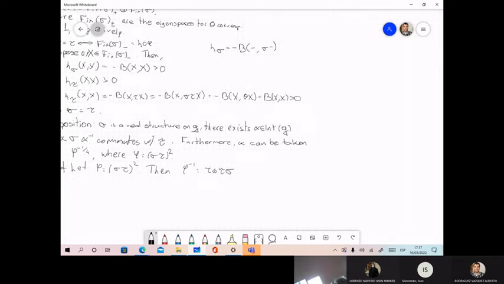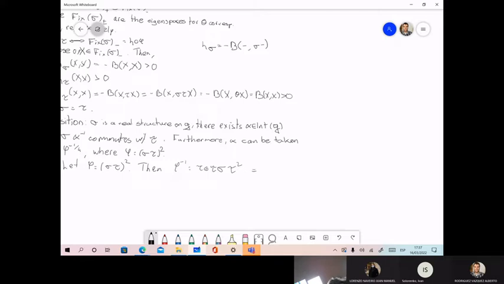But now, if we can add here a tau squared, and the resulting thing is that this is tau, sorry, sigma tau squared tau, which is tau phi tau.